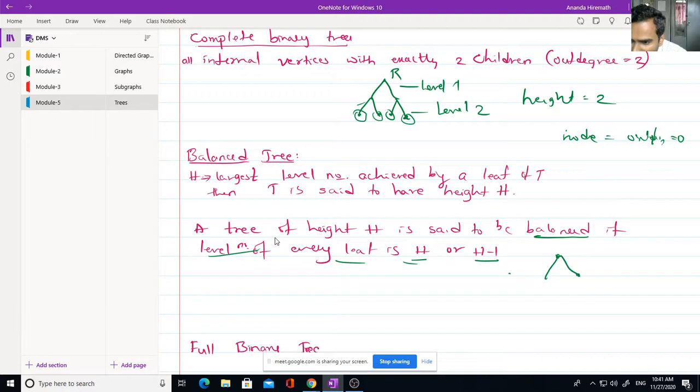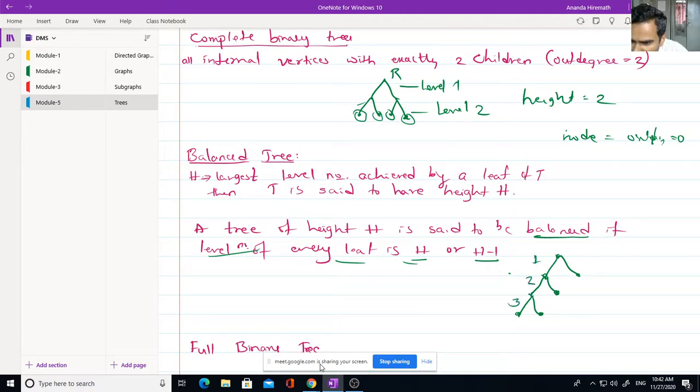Say this is a tree. Now can you tell me whether this is a balanced tree? Can someone reply whether it is a balanced tree? No, it is not a balanced tree. Let us see why it is not. So this is level number 1, level number 2, level number 3.